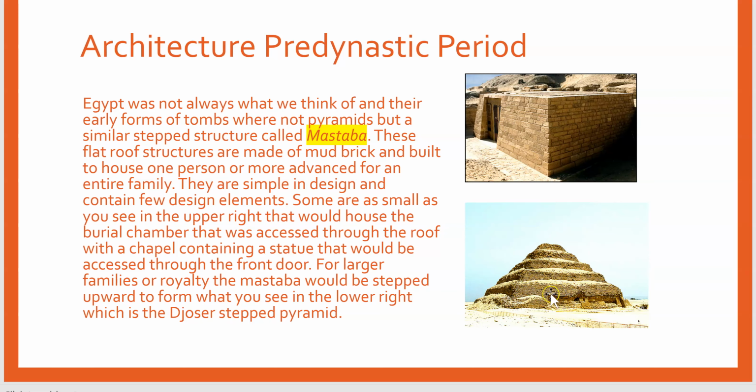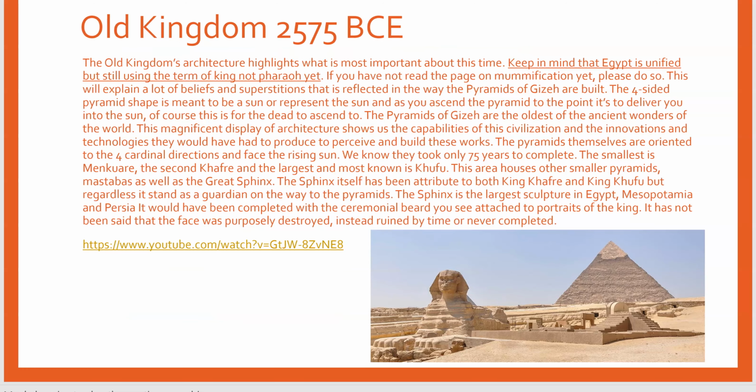These mastabas you can still see next to the Great Pyramids, but they have that tiered structure. Now they don't have the ramp going up the side like we think of with a ziggurat. So there are some very different architectural features. But we can see where we have this four-sided pyramid and what it will become. But the earliest ones are the mastaba.